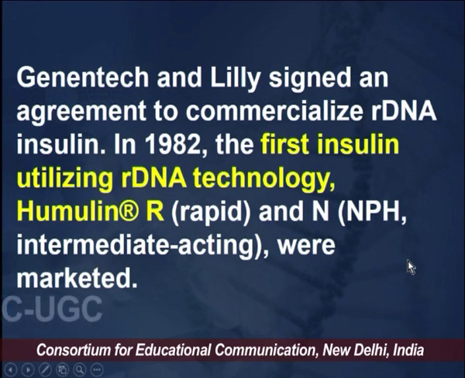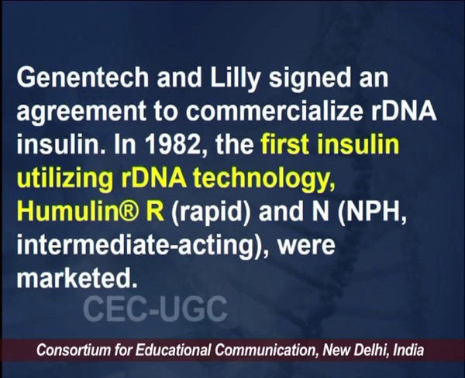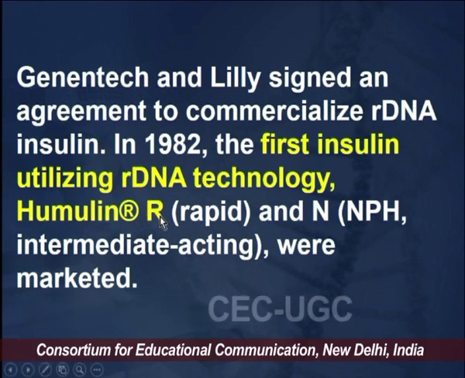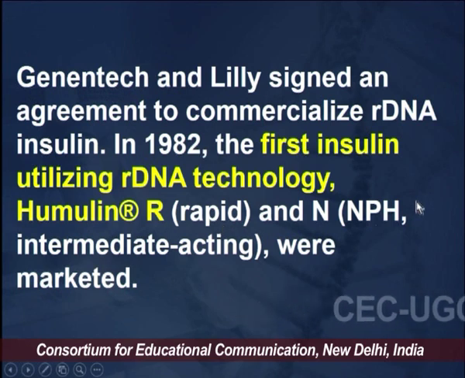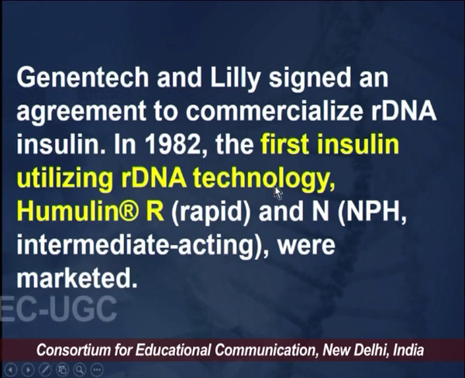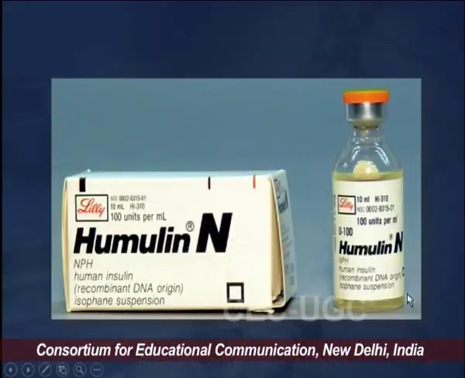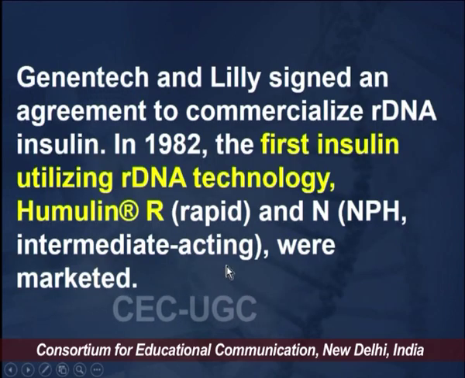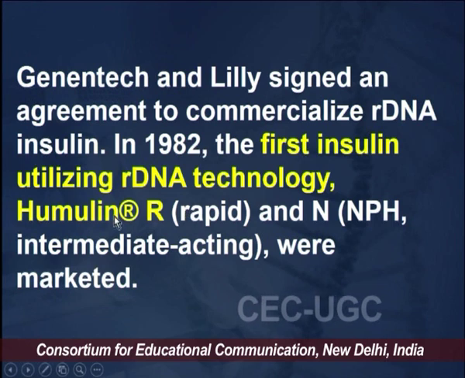The first insulins utilizing rDNA technology, Humulin R, the Humulin Rapid, and also Humulin N, which is the NPH, the intermediate acting, were marketed. These injections started circulating in the market, for example a Humulin N injection, which is an NPH derivative, an intermediate acting derivative of Humulin.